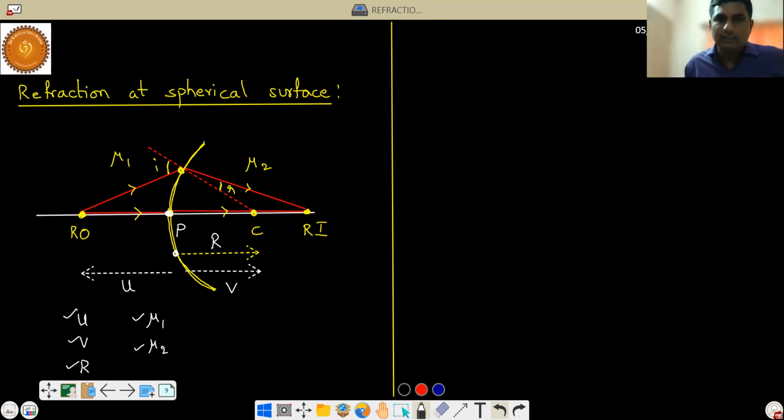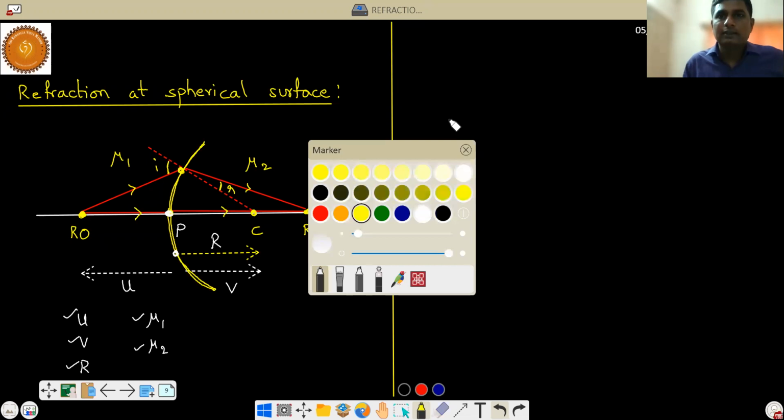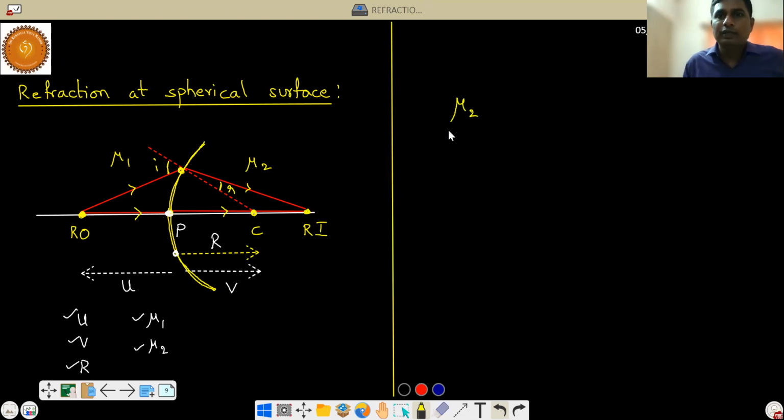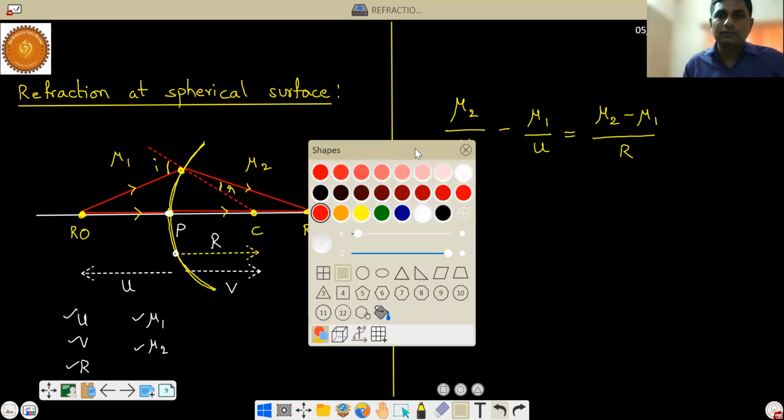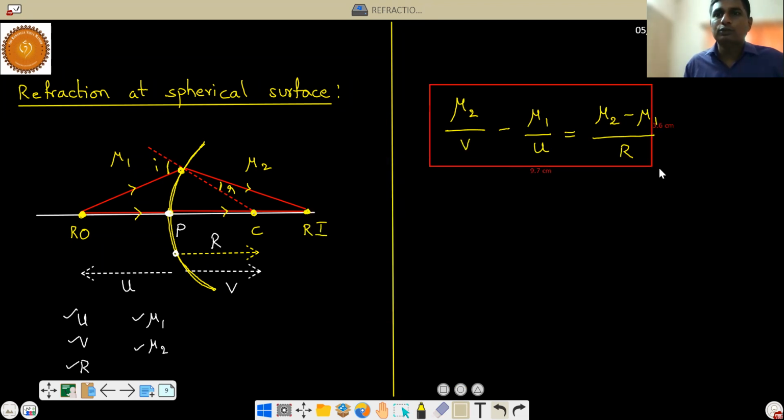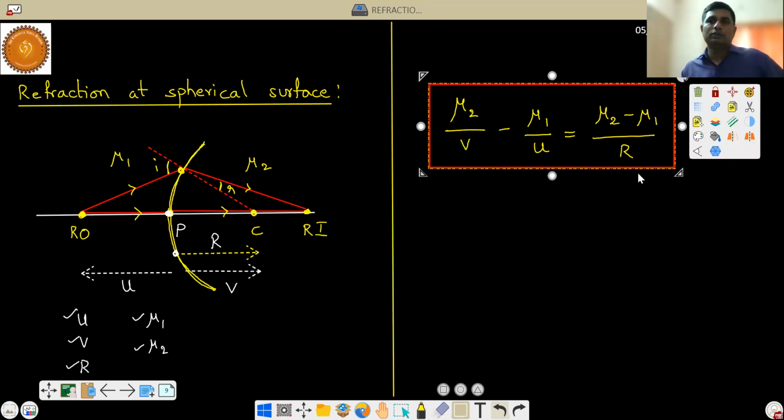It is given by mu2 by V minus mu1 by U is equal to (mu2 minus mu1) by R. Right now, derivation is not required. Just remember this formula.